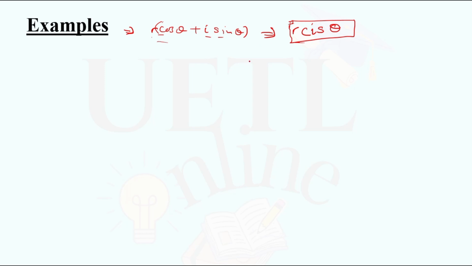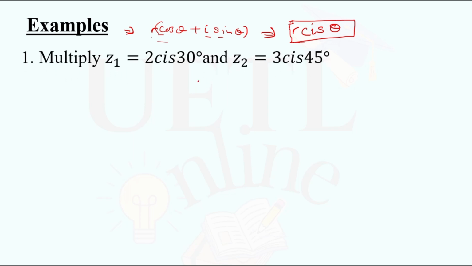The first example is saying multiply z1, which is 2 cis 30 degrees, and z2, which is 3 cis 45 degrees. This means that we are going to find z1 multiplied by z2. As our law suggests, we just have to multiply the moduluses, so we say 2 times 3.